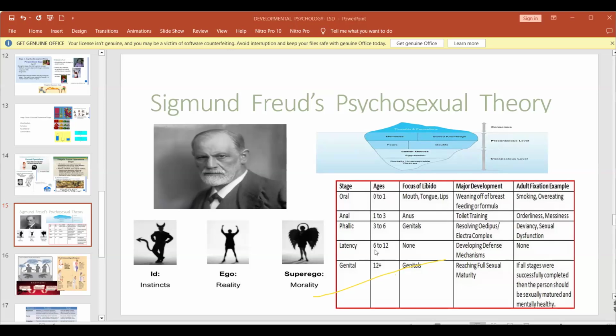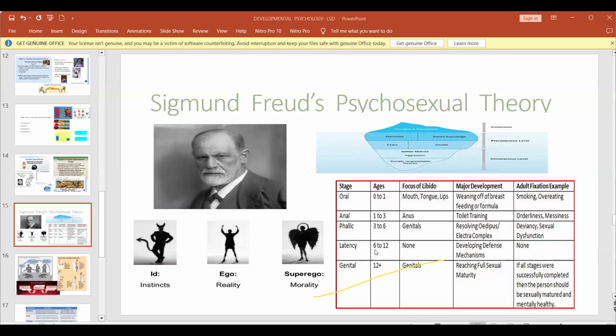Fixation or conflict is stored in the unconscious mind. So our behavior, even today, is due to what is stored in our conscious, preconscious, and unconscious mind, and the largest part is the unconscious mind. So our behavior as an adult can be affected by what is stored in the unconscious mind as conflicts, even from birth up to 1 year.